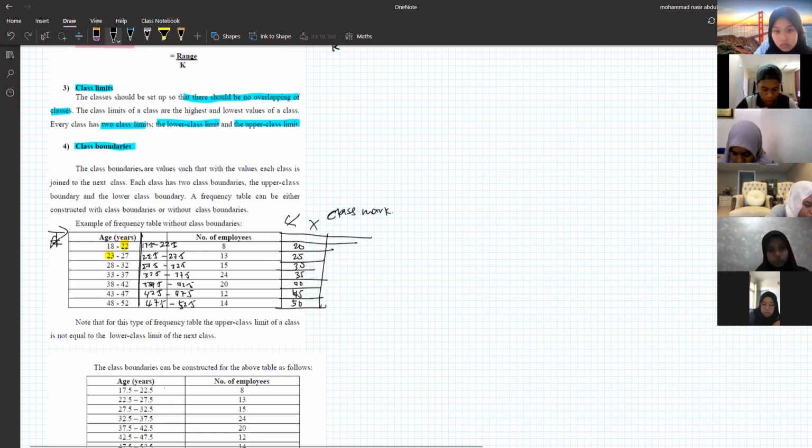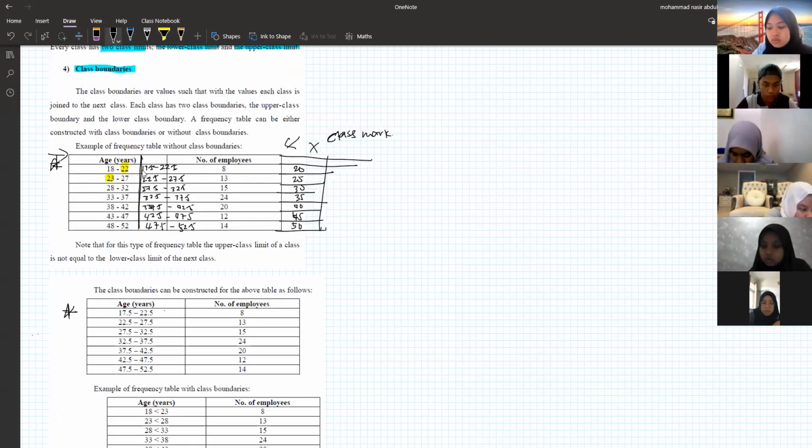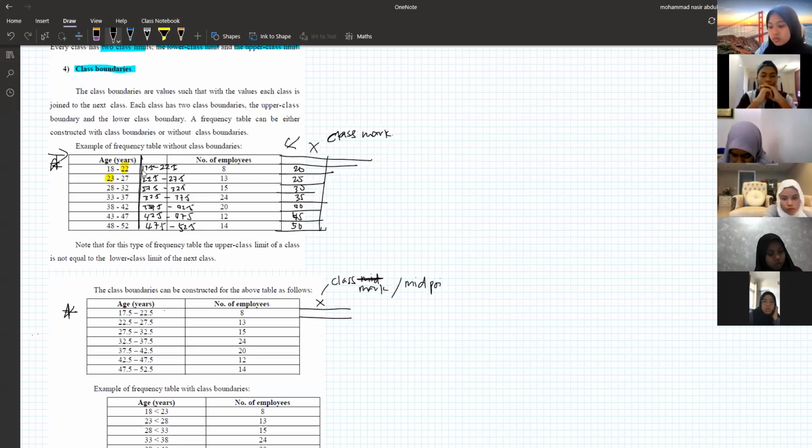So for this table, we have a class boundary 17.5 to 22.5, 22.5 to 27.5. It's the same procedure to calculate a class mark, which is the midpoint. So 17.5 plus 22.5 divided by 2, so it will become 20.